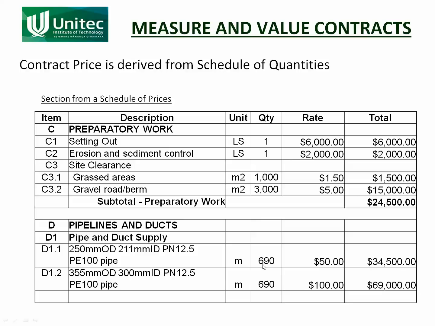In this contract, if it was 700 meters instead of the 690 scheduled, he'd be paid more. So with measure and value, you fill in these numbers here and the rates are applied to calculate the price. That means the actual contract value at the end of the contract may be different from the tender price.